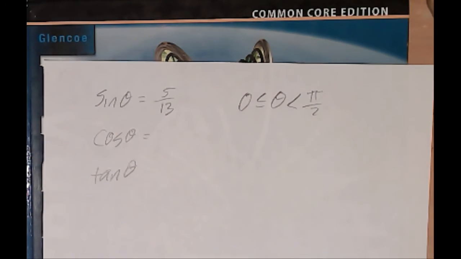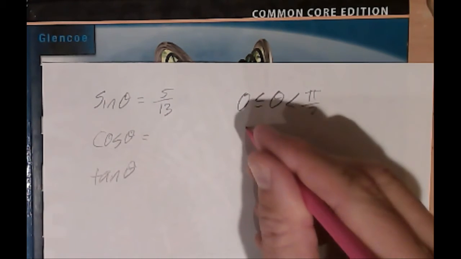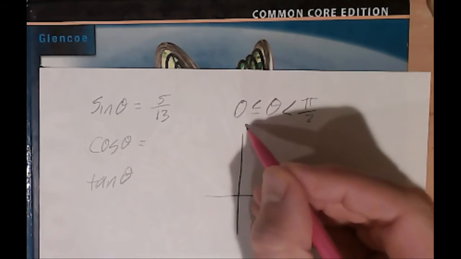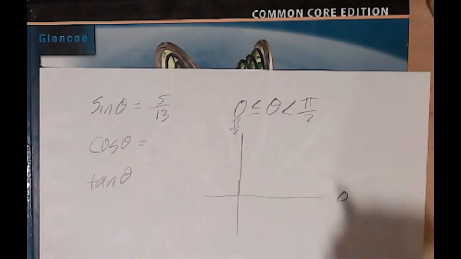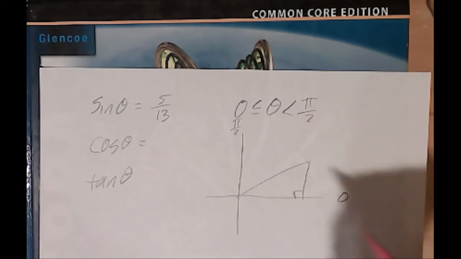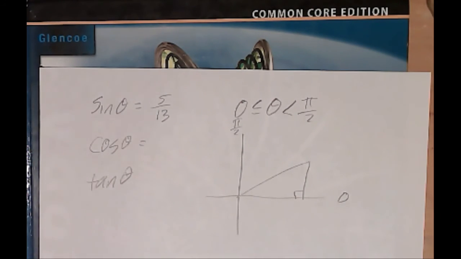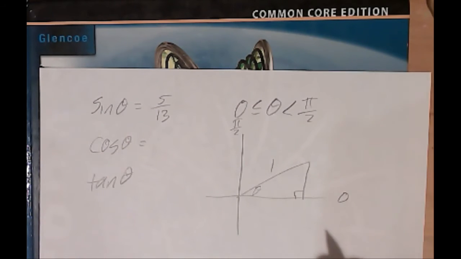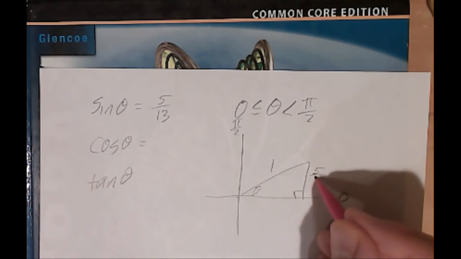So let's draw our picture because we're in the first quadrant, between 0 and pi over 2. Just slop that line up there somewhere and make the sine 5/13. Now this has to be 1. Sine from this angle is opposite over hypotenuse, so this would just be 5/13.